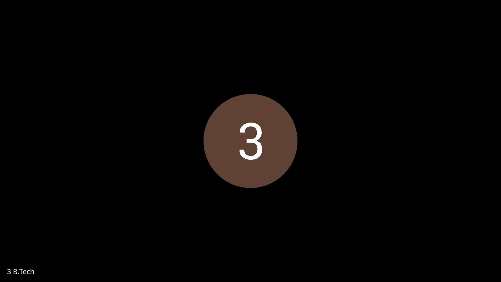Only between these two frequencies will the transistor work as an amplifier. For frequencies lower than the lower cutoff frequency, the transistor will not work as an amplifier. For frequencies greater than the higher cutoff frequency, the transistor will not work as an amplifier. So the range of frequencies in which the transistor works as an amplifier is nothing but bandwidth.